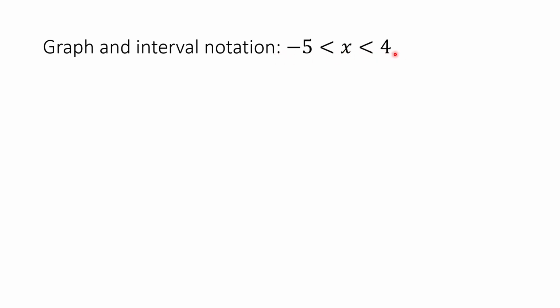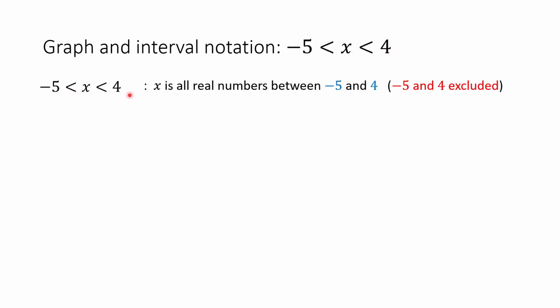This is another inequality. A number here, less than, variable, less than another number. What is the meaning of this inequality? This means this x is all real numbers between -5 and 4, but -5 and 4 are excluded.